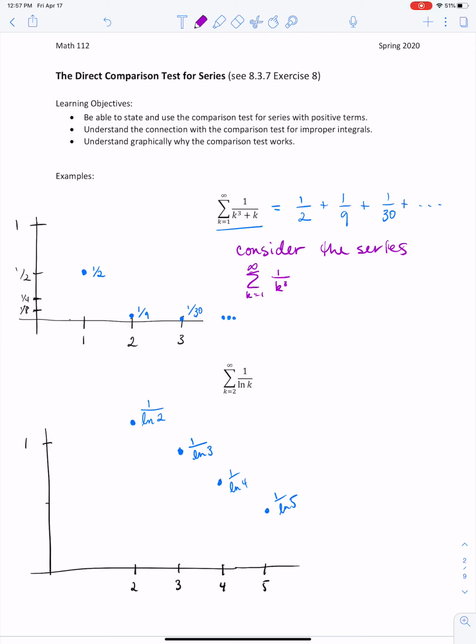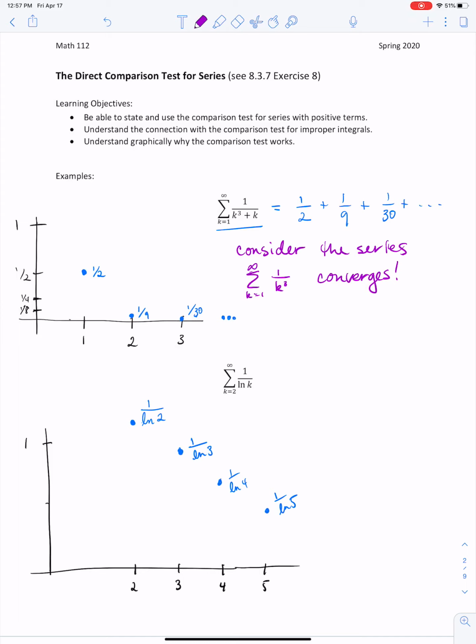We've seen that this series converges. Because the terms of our original series look kind of like this, that's some evidence that our series also converges.